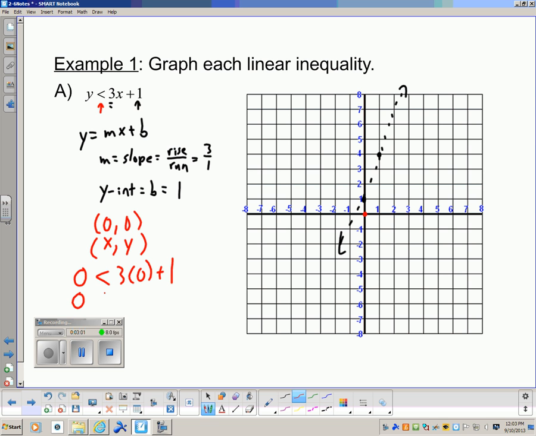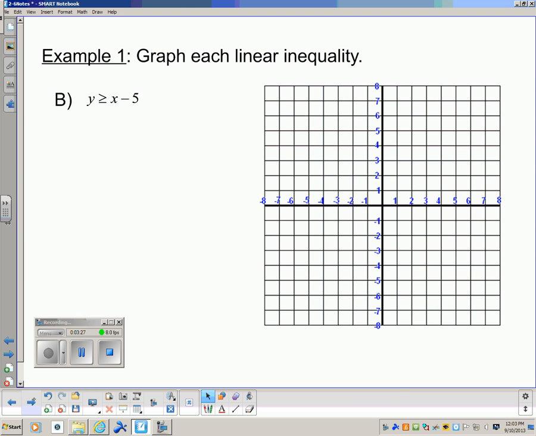So 0 is less than 0 plus 1, which is just 1. Is 0 less than 1? Yes, 0 is less than 1. So since that is true, I'm going to shade on the side where this point is. So I'm going to shade on this side. If, however, it wasn't true, then I would shade on the opposite side. I'd go on this side and shade in.